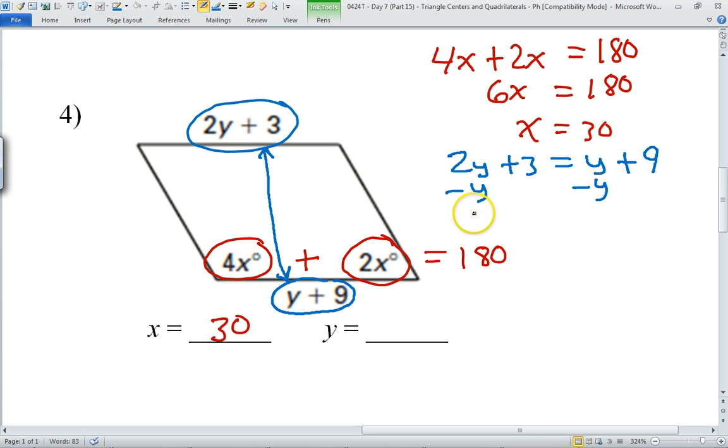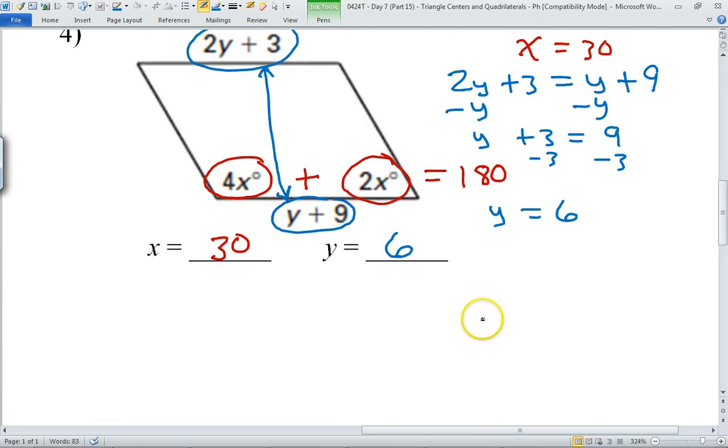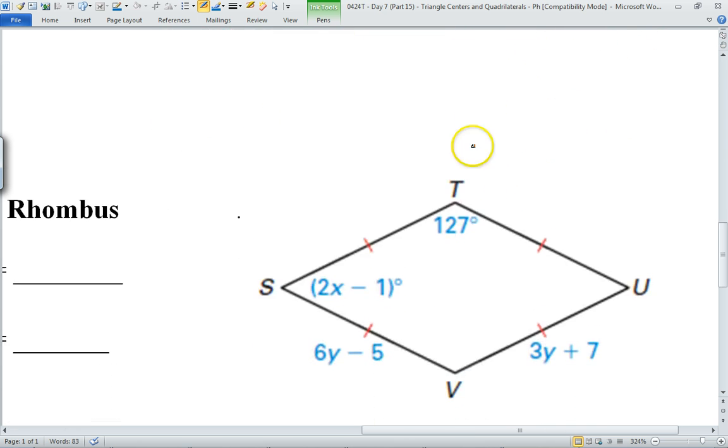That leaves y plus 3 equals 9. Now let's subtract 3 from both sides. That leaves y equals 6. So y equals 6. That is number 4. Let's take a look at number 5.